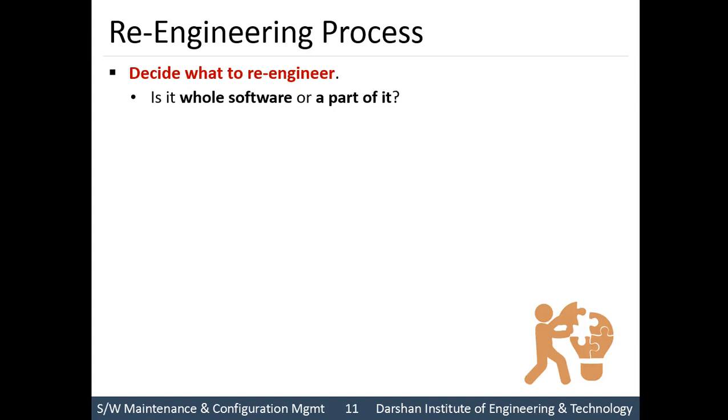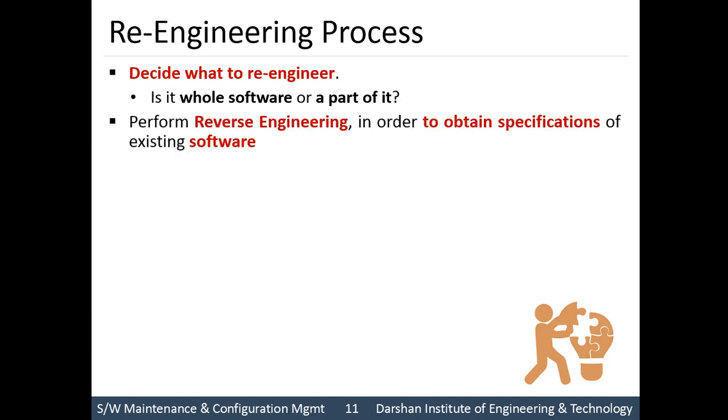So what exactly is the re-engineering process? The first step is to decide what to re-engineer: whether we want to re-engineer the whole software or a part of the software. After deciding that, we need to perform reverse engineering of the identified part in order to obtain the specification of the existing software.